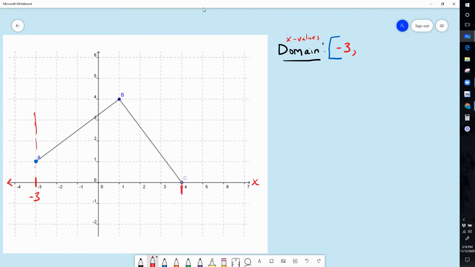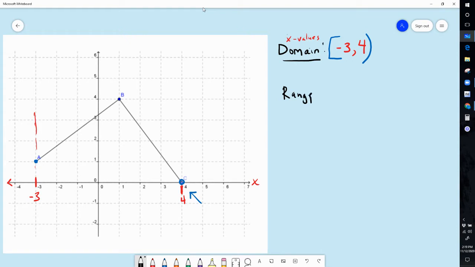And this right here at 4 is as far right as my graph goes. That's the biggest x value. The only difference is I have an open dot. Notice that the dot there is open. It's not filled in. And that means you use a parenthesis. Parenthesis just means you're not actually including 4 in your domain. It's everything until you get to 4.